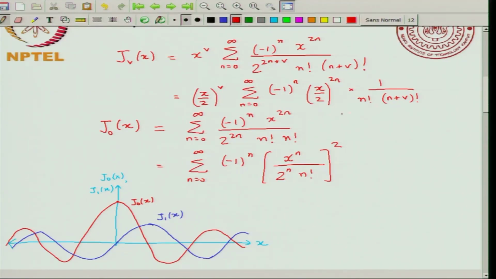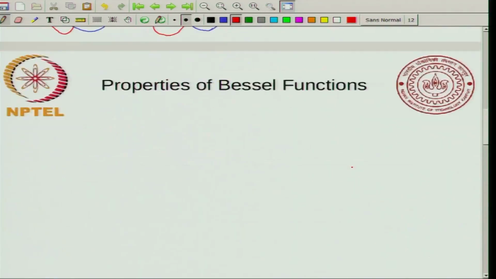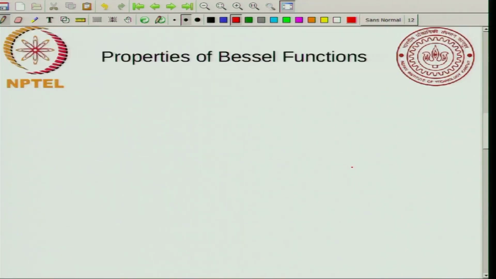So this Jv of x, which has this long expression, I'll just mention some of these. You don't have to remember any of these, okay, but these are just for your information. So I can write Jv of x in an integral form.